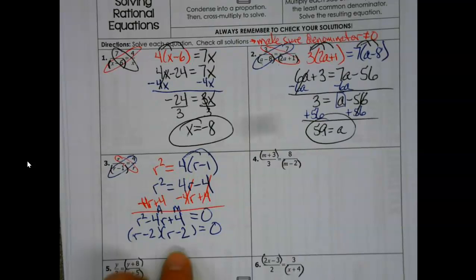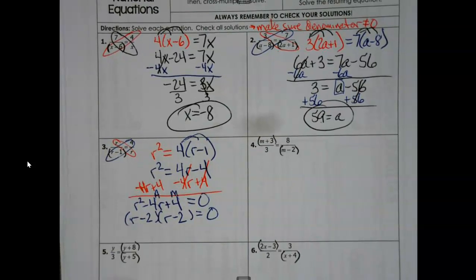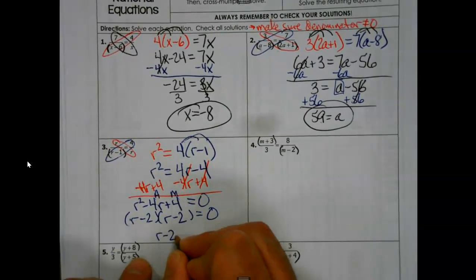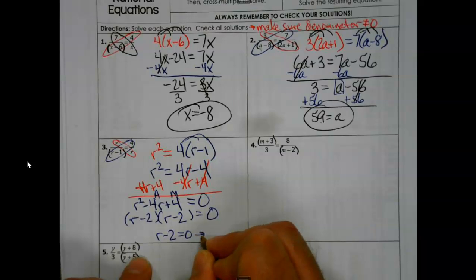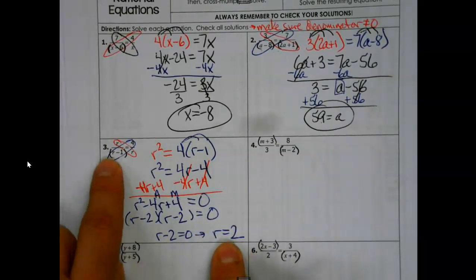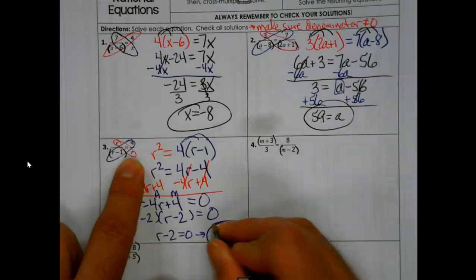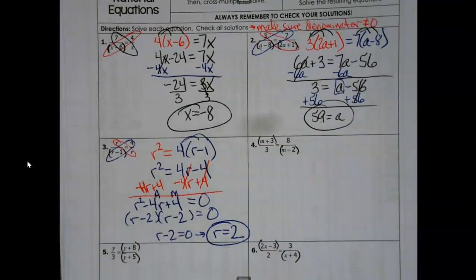And since they're the same exact quantity, the same exact set of parentheses, I really don't need to do it twice. And I just quickly make sure 2 minus 1 is not 0. 2 is not 0. So the one answer that I did get works. Okay, and I'm okay. Always just checking that one thing out.